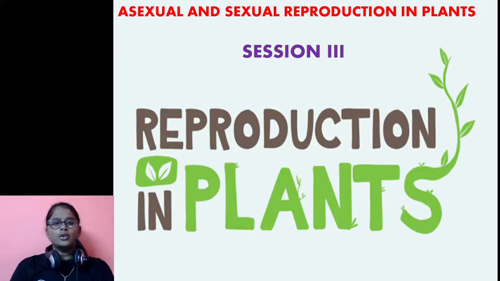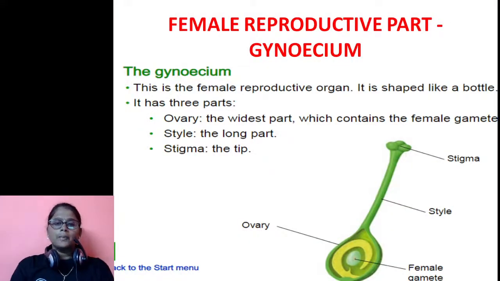So now we are going to see megasporogenesis. That is, we are going to study in detail the female reproductive structure, which we call either pistil or carpel. This pistil or carpel is the unit of the gynoecium. The gynoecium is called the female reproductive part, and this female reproductive organ looks like a bottle in shape.